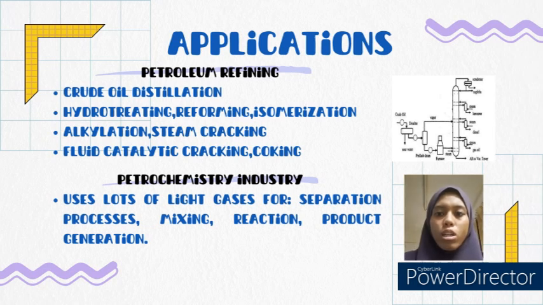It uses a lot of light gases for separation processes, mixing, reaction, and product generation, for example the hydrogenation of species, dealkylation, cracking, and also steam reforming. Most of these cases eventually lead to some gas formation, which must be flushed out of the system.